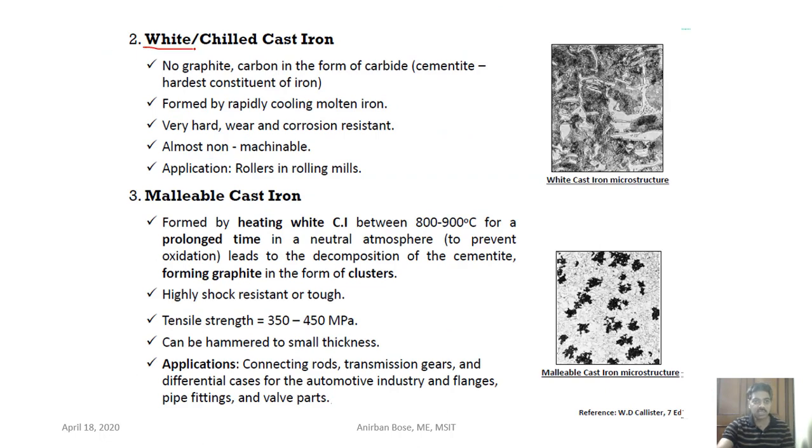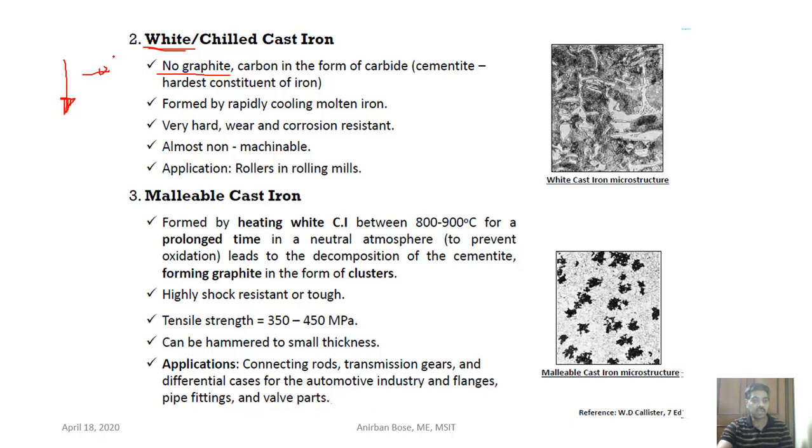Silicon is not present. So in the final structure, the cementite is present in the form of carbides, formed by rapid cooling of molten iron. So you can understand the cooling rate is very high, and that is why graphitization did not occur.